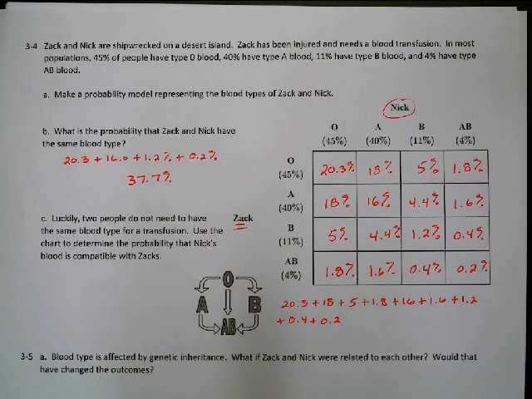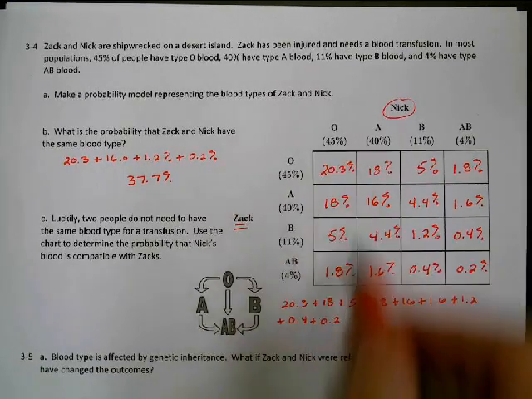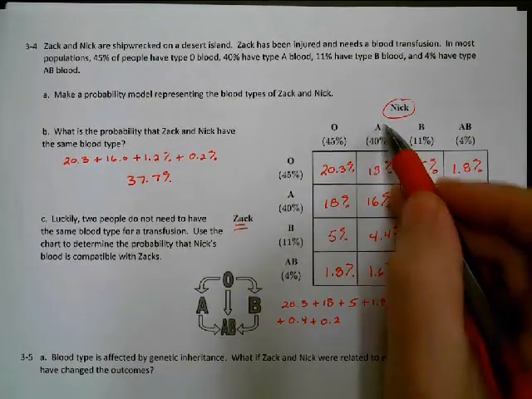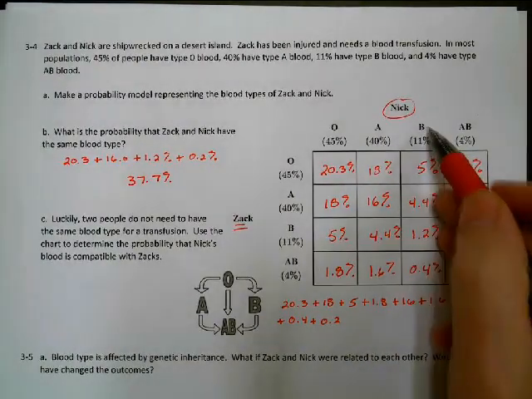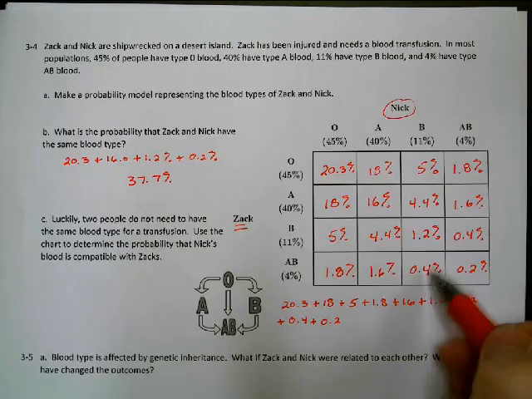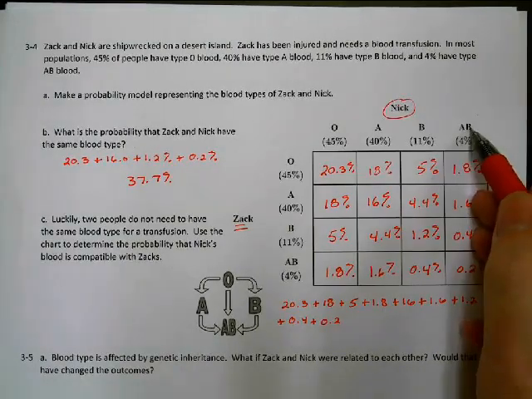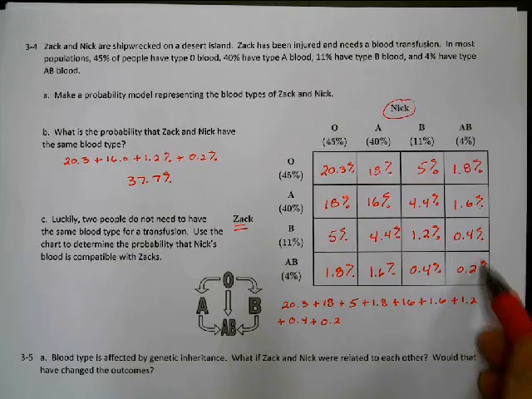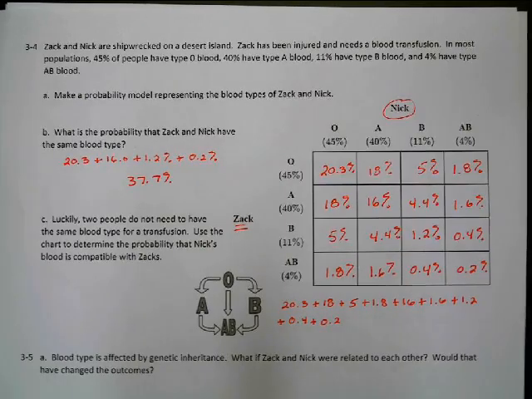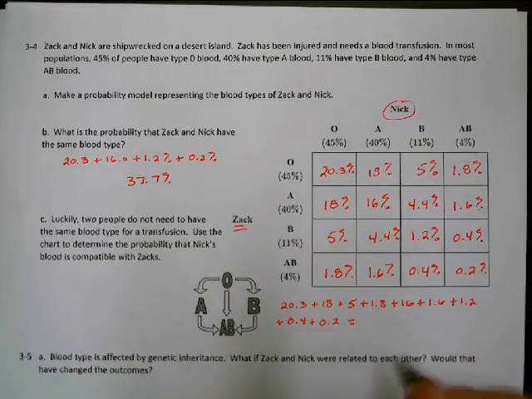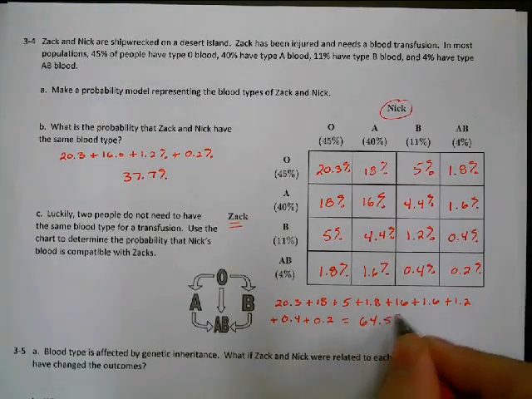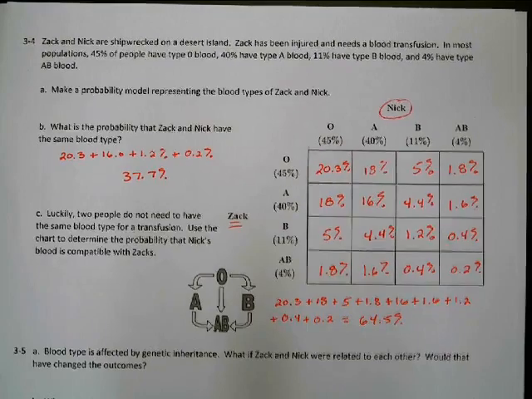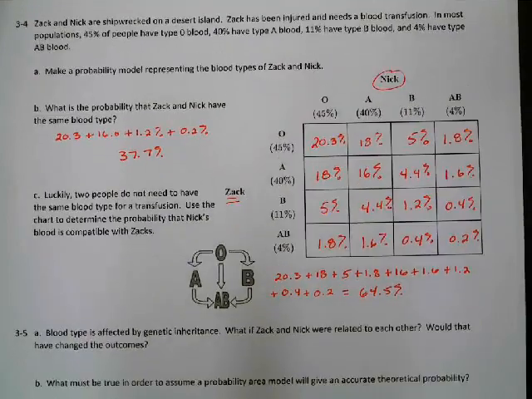If Nick has A blood, he can give it to Zach if he has A or AB. If Nick has B blood, he can give it to B or AB. And if Nick has AB blood, then Zach's in trouble because he can only give it in that situation. So if we add all of those together, there's a 64.5% chance that they are compatible together. Better than average, but looks like it's better not to be on a desert island.